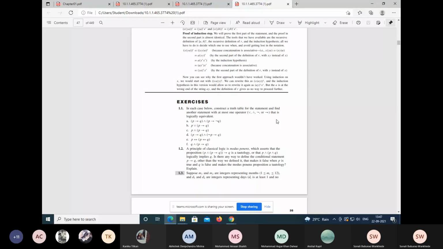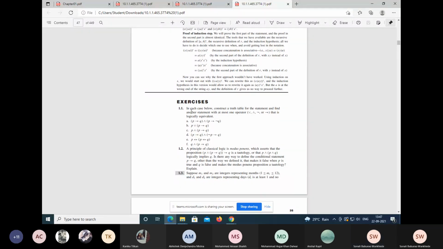For this I'm not going into depth, because this is just your basic mathematics, truth tables and all. Our first tutorial is based on that only. So in your first tutorial, go to exercises, page number 34, and the first exercise 1.1, you have to solve that.